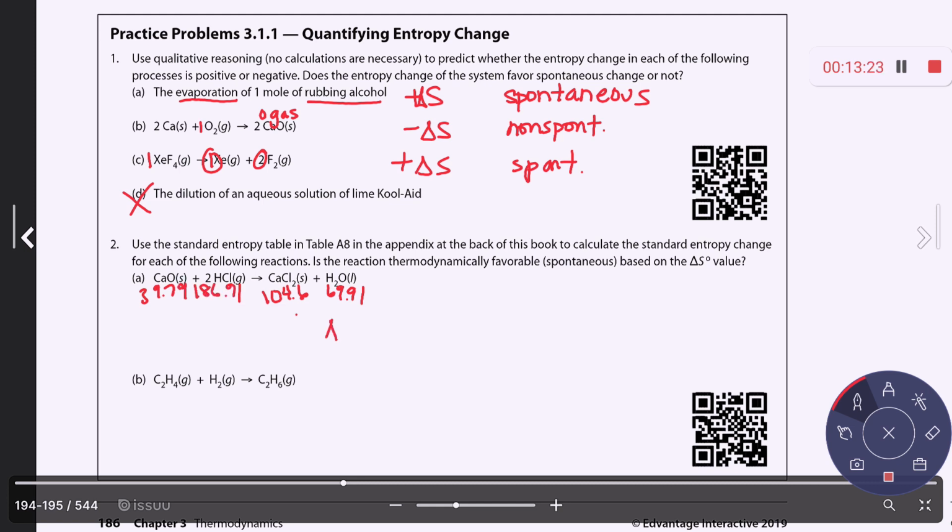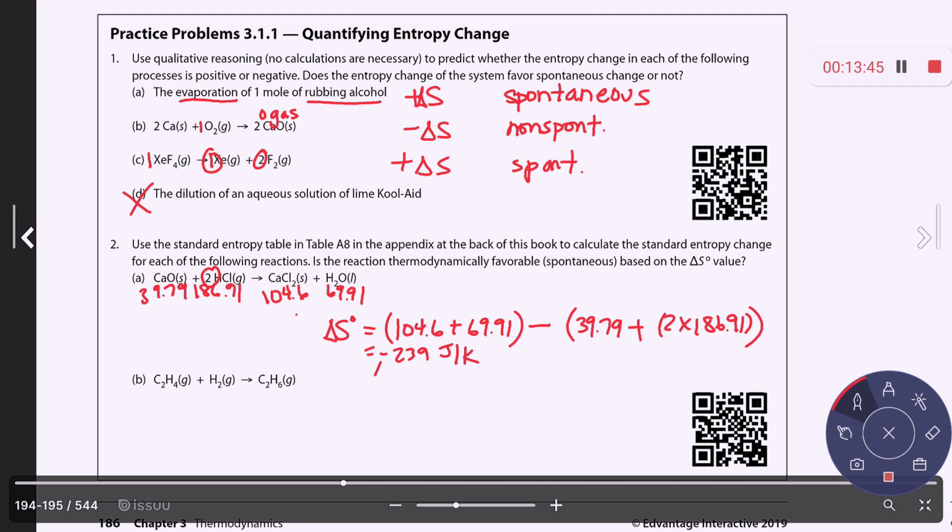So to get the standard entropy change, it will be 104.6 plus 69.91, then subtract that for the reactants. But since there's a coefficient of 2 on HCl, you need to multiply 186.91 by 2. And then that's going to give you a negative 239 joules per Kelvin. And then here, since it's negative, this is going to be a non-spontaneous process.